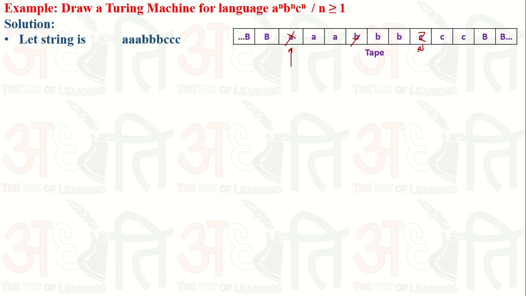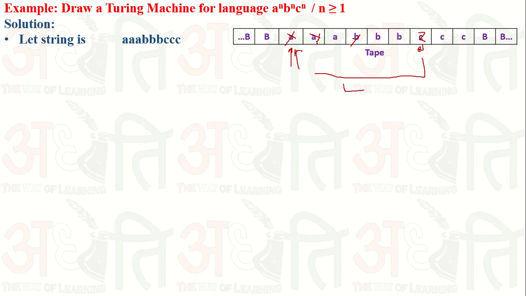Now here we are going to move back, passing all b's, all y's, all a's, until we come back to the x. Then we move to the left side. When we come to the x, we again mark the next a as x.